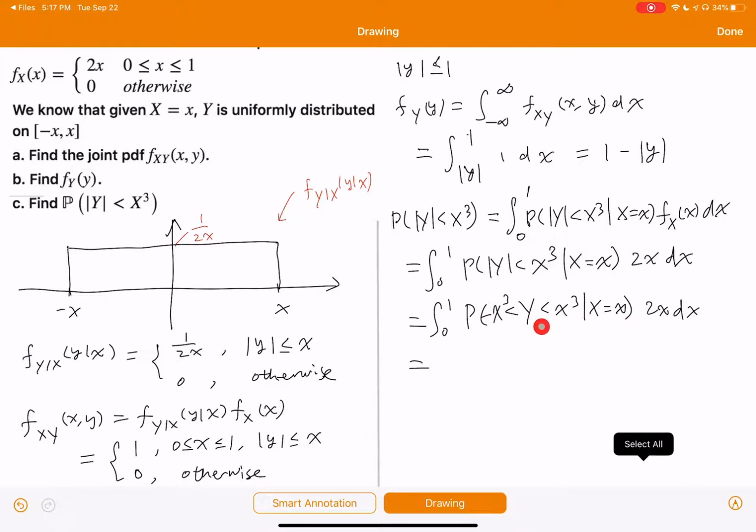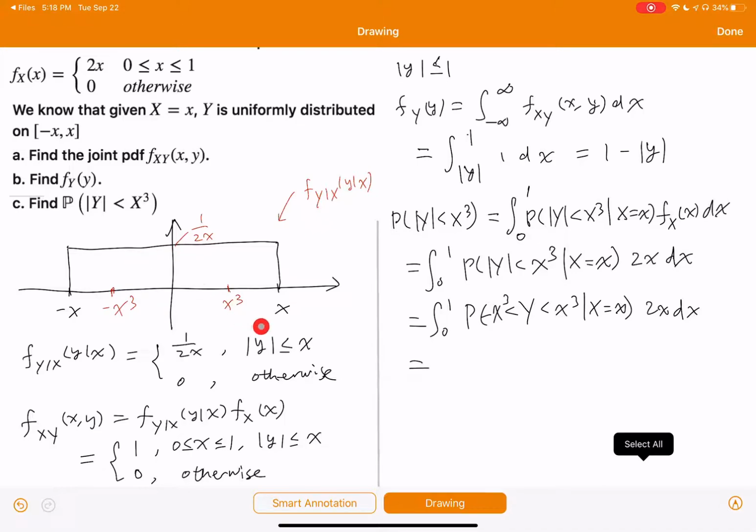Now we already calculated that given x equals x, y is a uniform distribution. It's given by this plot. This is the density function of y given x equals x. Based on the formula here, y is between negative x cubed and positive x cubed, and y is uniformly distributed, so the density function is here. So let's put this down: this is negative x cubed and positive x cubed.